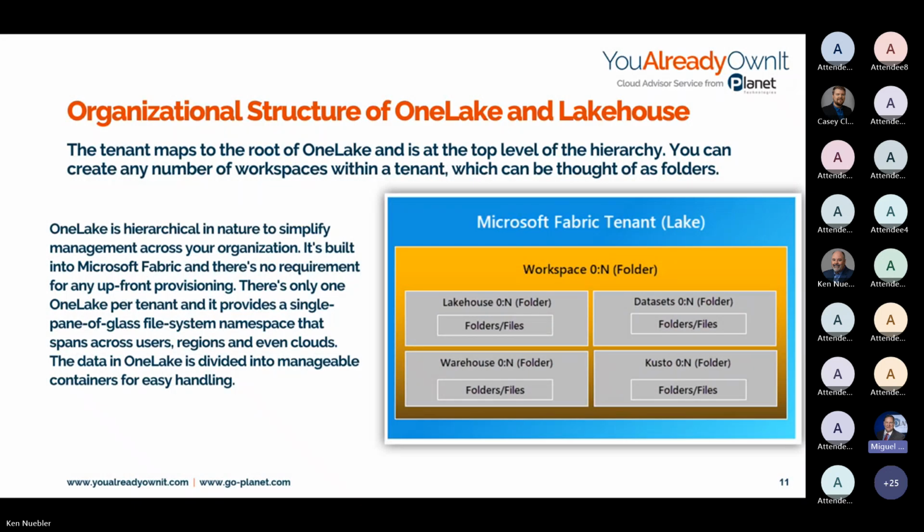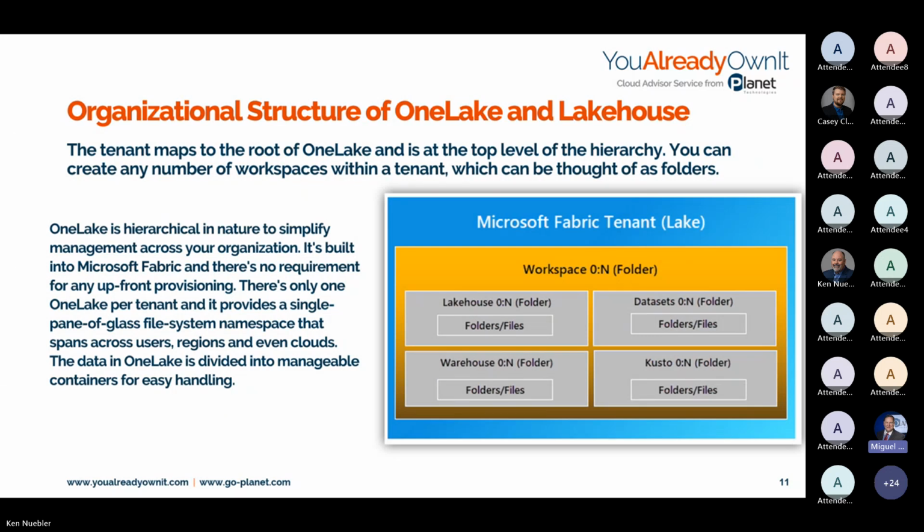So again, when I start thinking about this whole organization of that Fabric tenant, I've put here lake, lakehouse, or data lake. If you remember from the previous slide, we've got the Fabric tenant that is bound one-to-one with the OneLake, the tenant OneLake, and then above that we have capacities. Now, when I create workspaces, by default you have your own personal workspace.